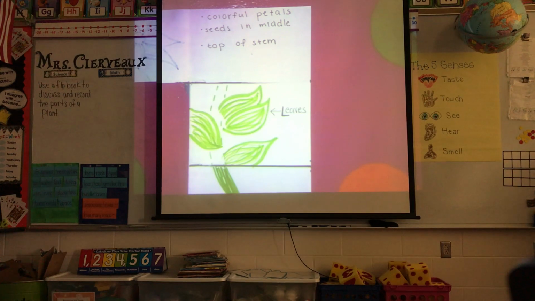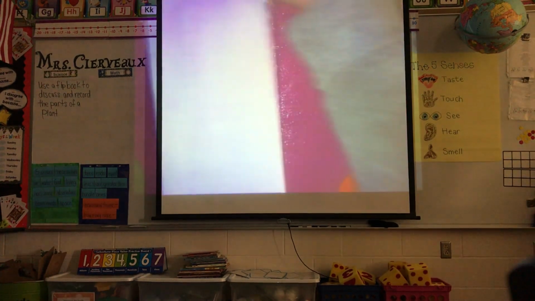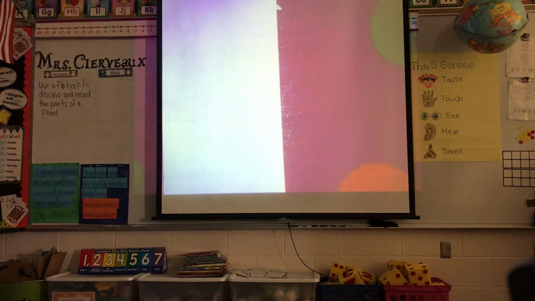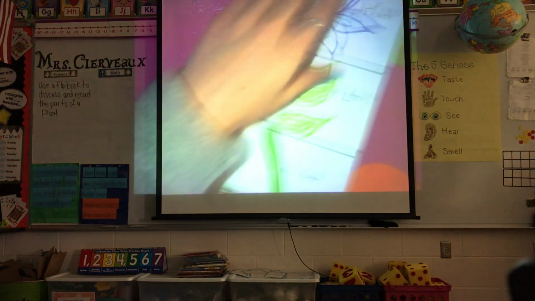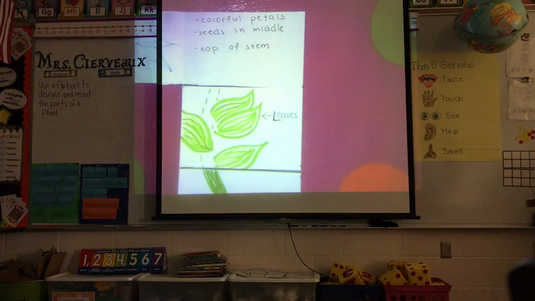All right, when you're done writing, I want you to flip your booklet over, just like this, so I can see the back of it. Do you need to see it still? There you go. Just flip it over when you're done, so that I can see the white side.